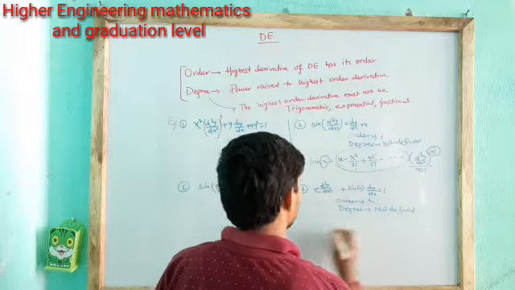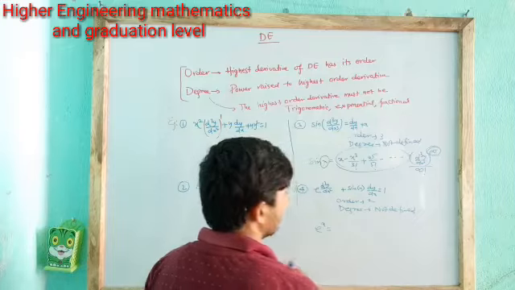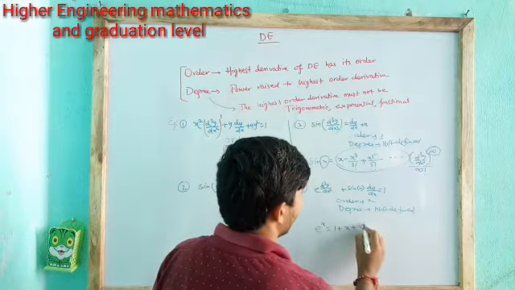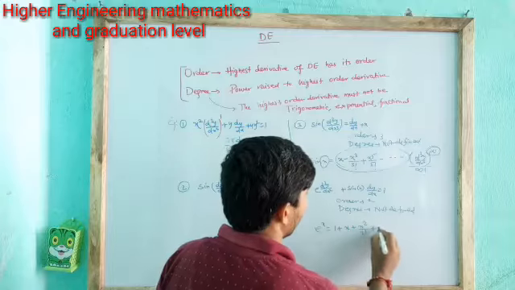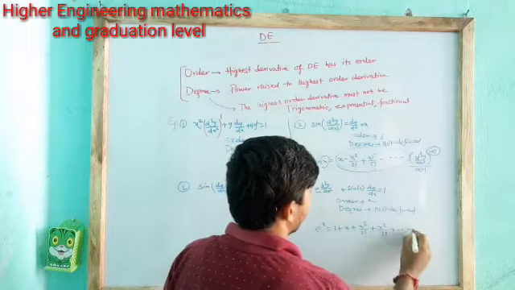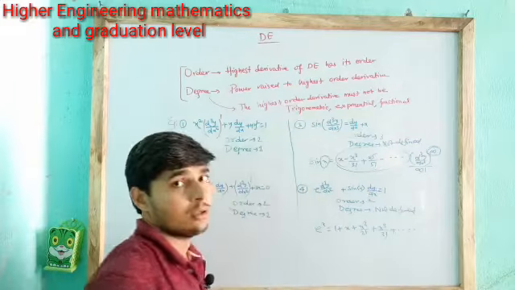We will see the case. The expansion of e to the power x is 1 plus x plus x square by 2 factorial plus x cube by 3 factorial, and so on.